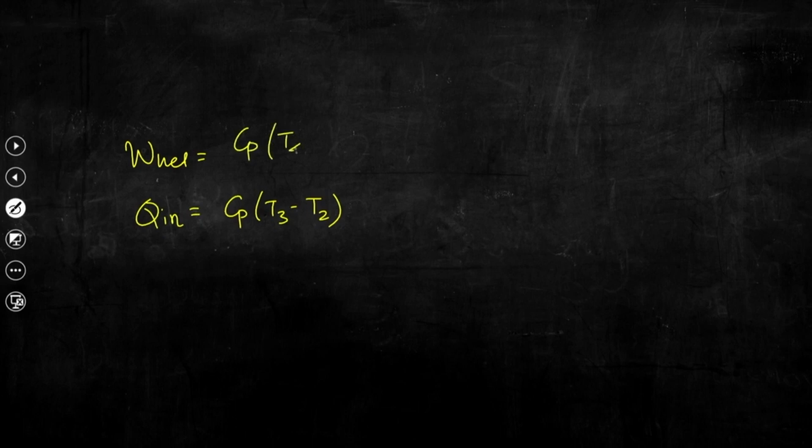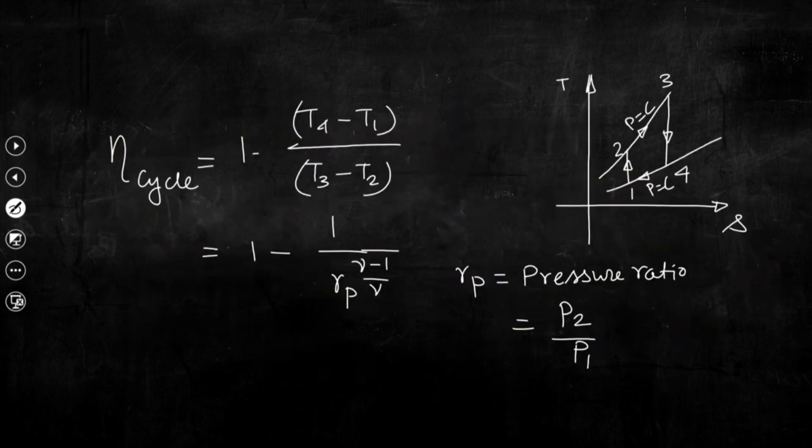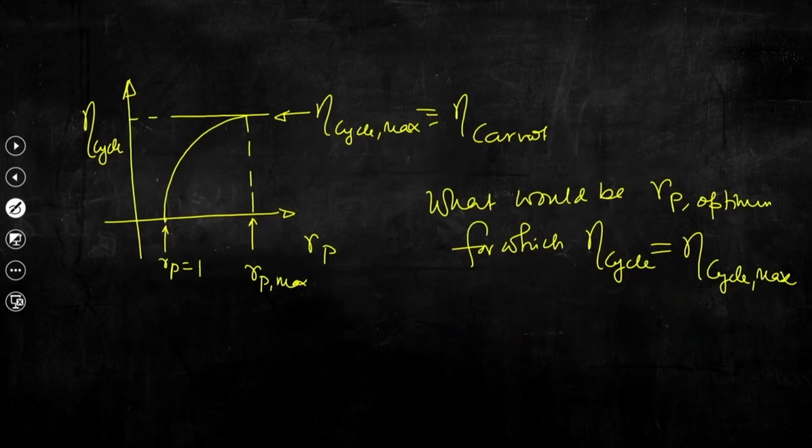So, what is W net and what is Q in? Q in equal to Cp into T3 minus T2, and W net equal to Cp into T3 minus T4 minus Cp into T2 minus T1.